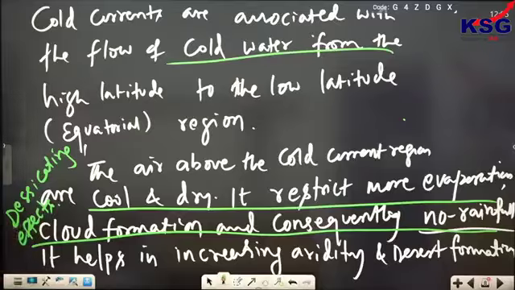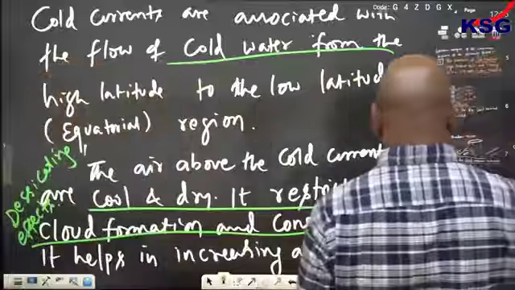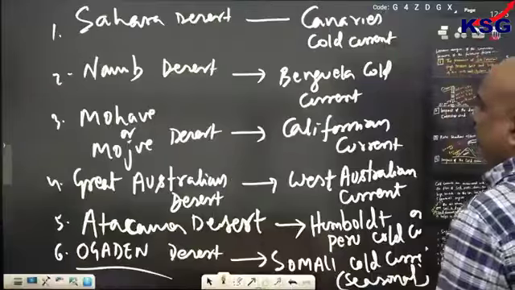This is known as desiccating effect: less or no evaporation, no cloud formation, clear sky, consequently no rainfall. So desiccating effect is the cause of these deserts. I hope you got it.